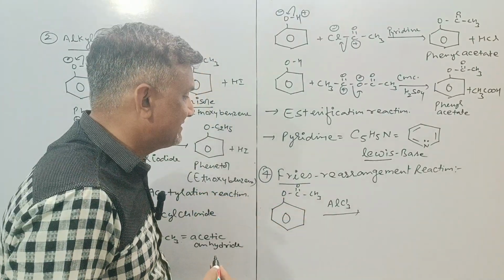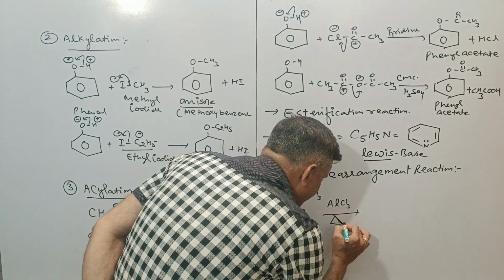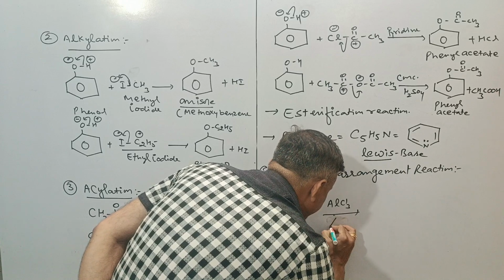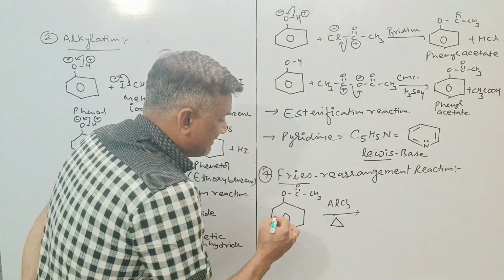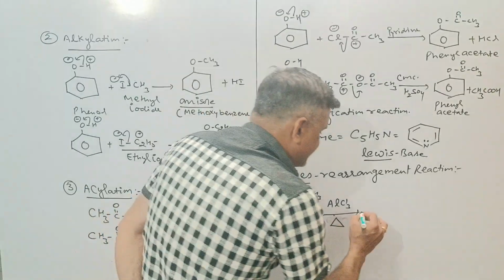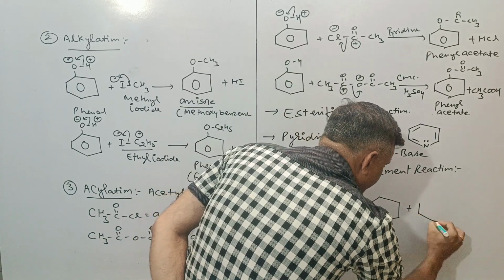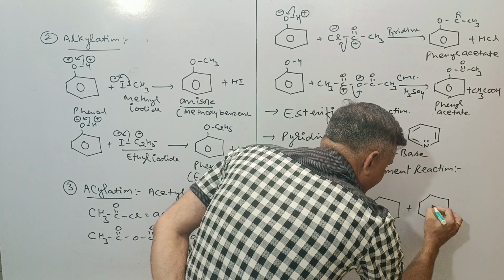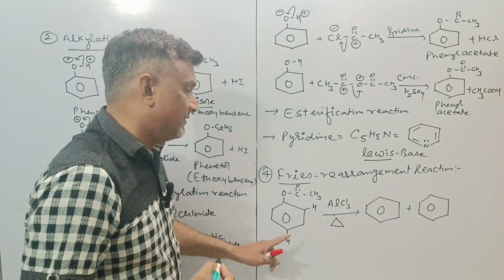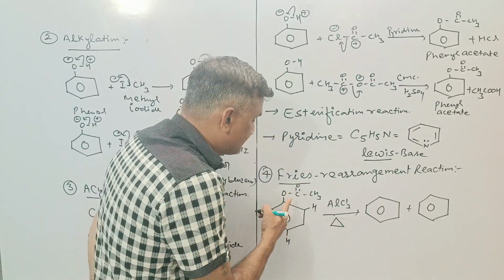In the presence of AlCl3, which is a Lewis acid, and high temperature, what will happen? There will be a rearrangement at the ortho and para positions. As a minor product, ortho hydroxy acetophenone will form, and as the major product, para hydroxy acetophenone will form. That means a mixture of ketones will form.